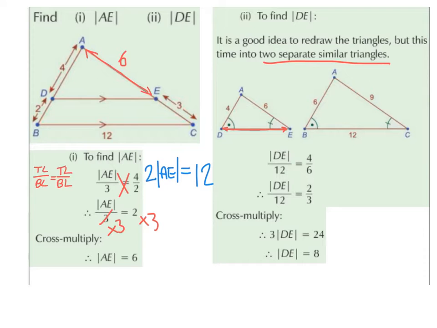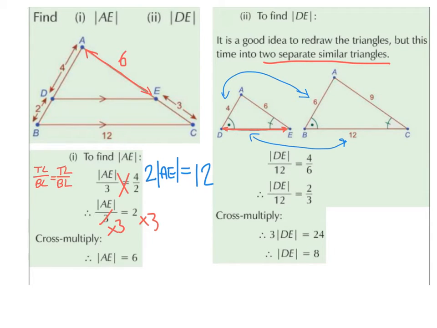So what we have to do is write down what we know. Well, we have DE, which we could label as X if we wanted to, but I'm just going to leave it as DE for now. DE corresponds with 12, so we're going to have DE over 12. And then 4 corresponds with 6, so we're going to have DE over 12 equal to 4 over 6.